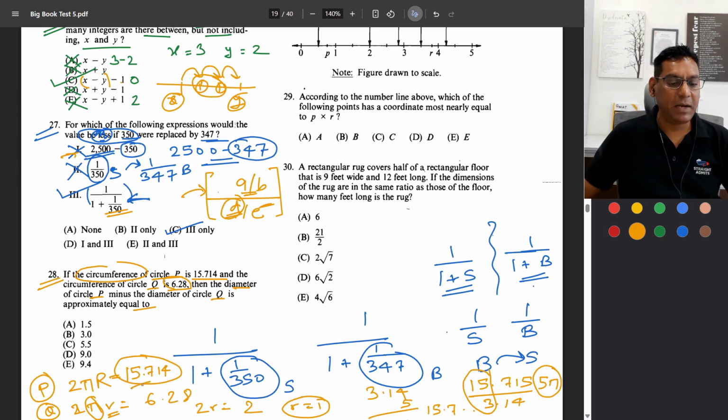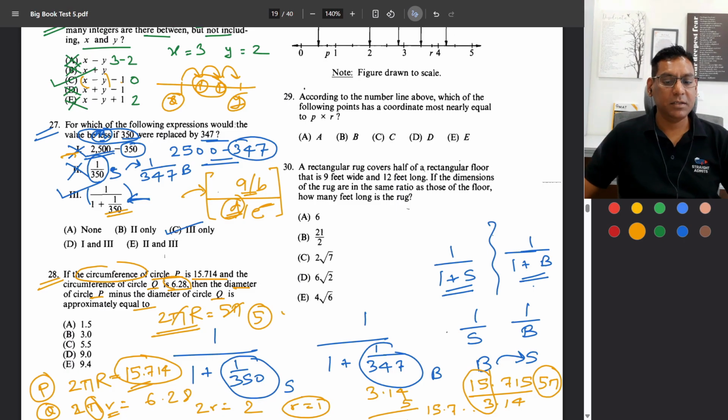So basically this is 5 pi. So 2 pi R is 5 pi. Pi gets cancelled. The diameter is 5 units. Here the radius is 1, so the diameter is 2. Okay, and what are they asking? Minus. That's the difference. So 5 minus 2 is 3 units.